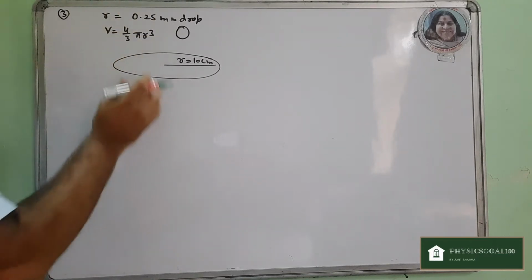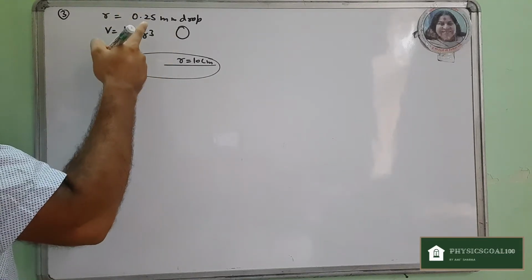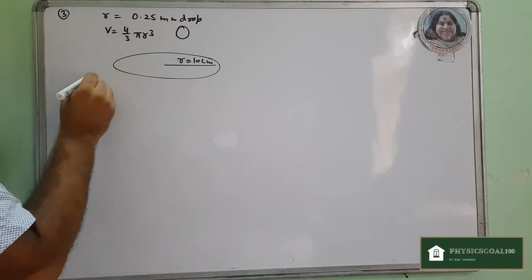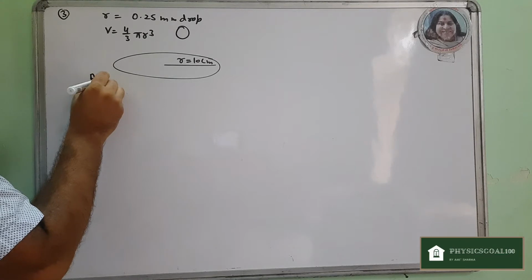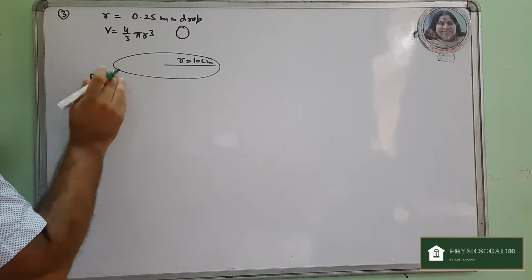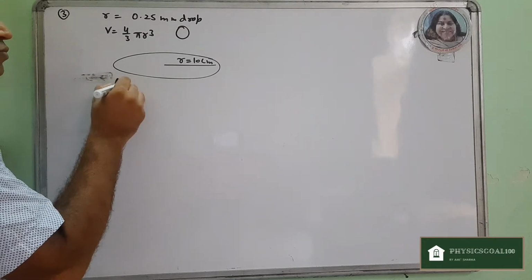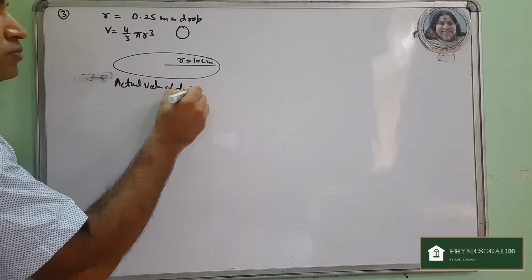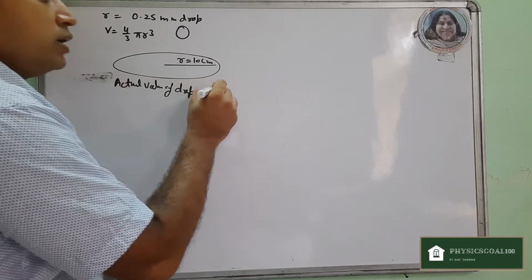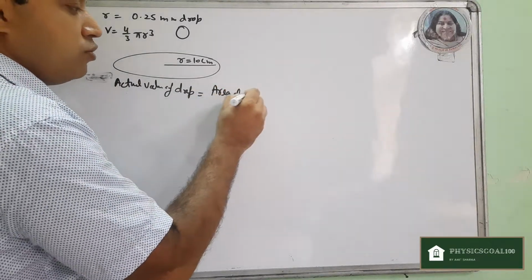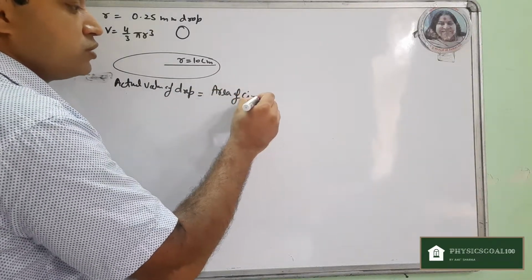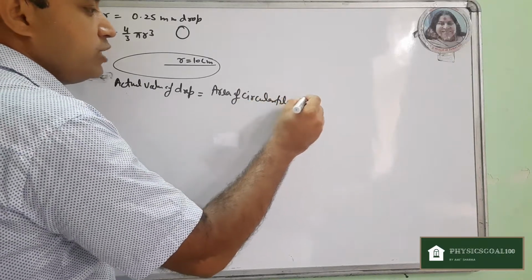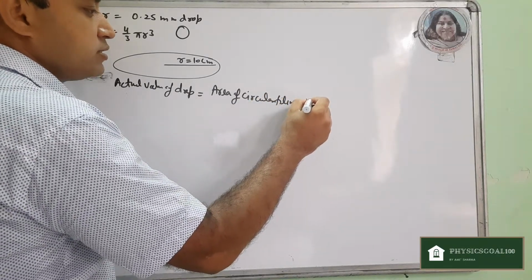It means we will use the volume conservation. Actual volume of drop must be equal to area of circular film into approximate thickness.